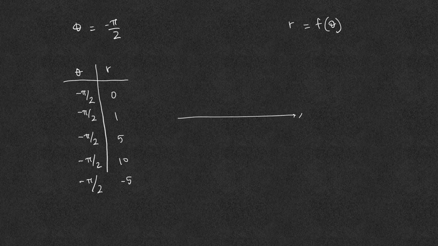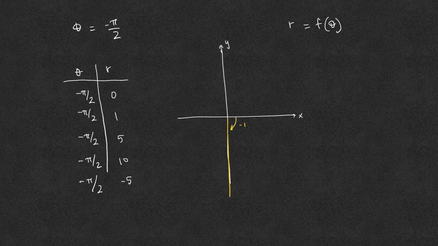We then put in the xy coordinate system, but again, we need to plot these points using the polar coordinate system. All of these points stay on the ray negative pi over 2. And negative pi over 2 is an angle from the positive horizontal axis going clockwise, an angle of pi over 2 in magnitude.